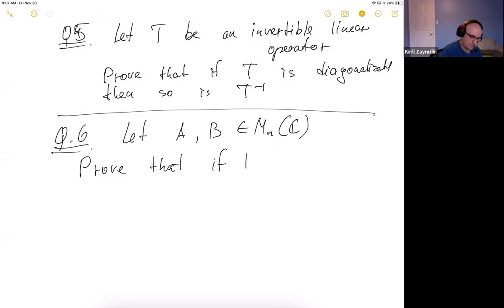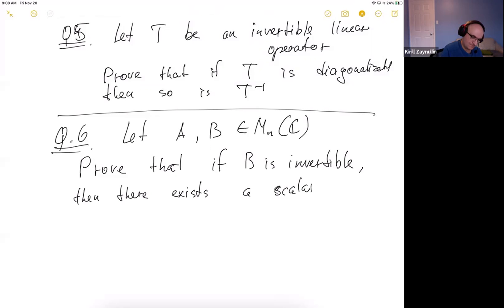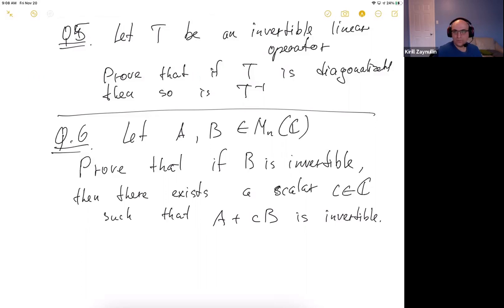If B is invertible, then there exists a certain complex scalar C such that A plus CB is not invertible, sorry, it's not invertible.